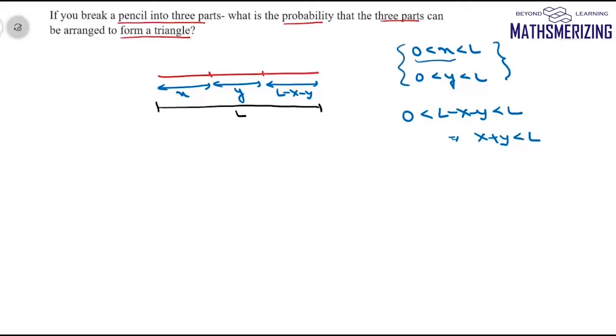X should lie between 0 and L, Y should lie between 0 and L, and X plus Y should be less than L. So we'll plot this region on a coordinate plane.